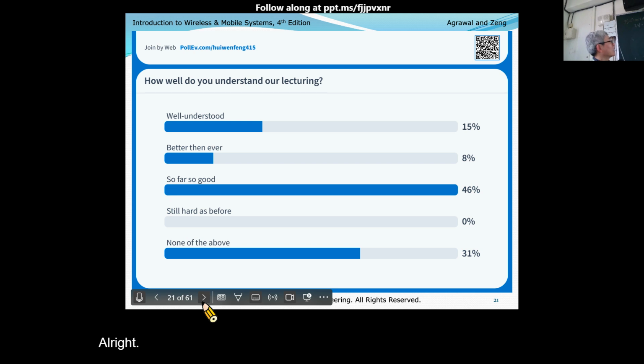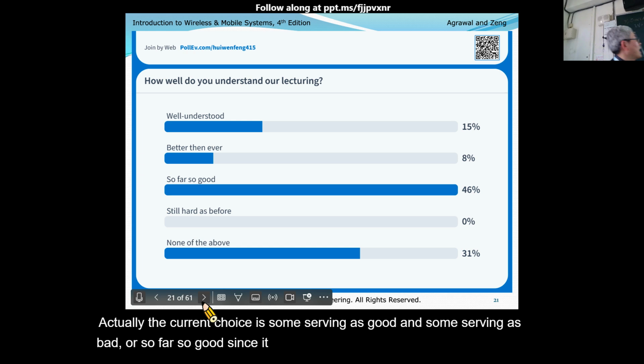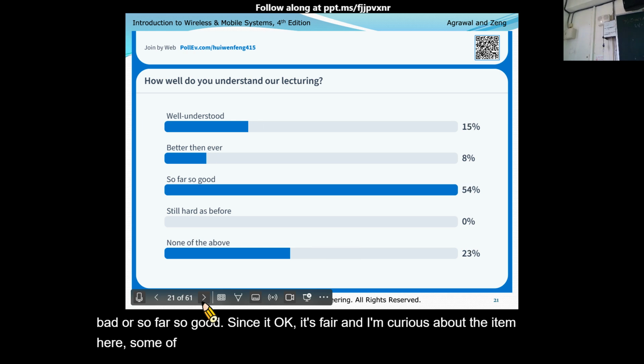But why none of the above? Actually, the current choices, some serving as good and some serving as bad, so far so good. But it's a fail. And I'm curious about the item here. Some of you think, oh, okay, none of the above.